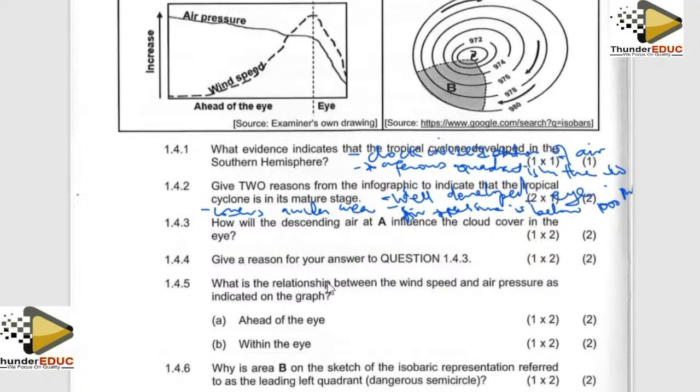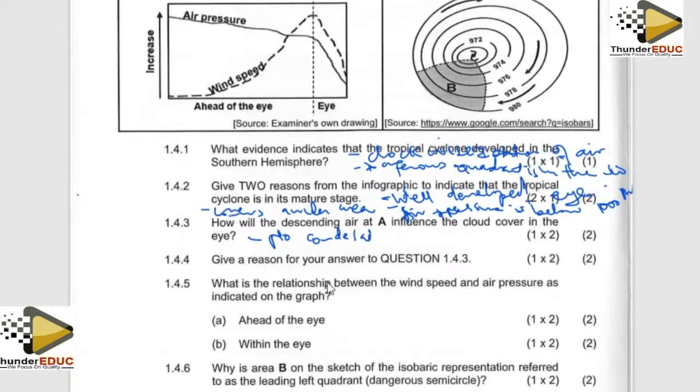Okay. Give a reason for your answer. But before we reach the reason for your answer, they say, how did the descending air at A influence the cloud cover in the eye? First of all, how means a way, a method. How is it influencing the cloud cover? Here we are going to say that the descending air, that means if air descends, what happens? If air descends, it simply means no condensation taking place.